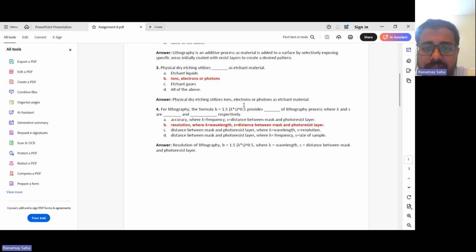So using this simple constant, you get this formulation, which provides the resolution of the lithography process, where lambda and S are the wavelength and the distance between the hard mask and the photoresist layer.